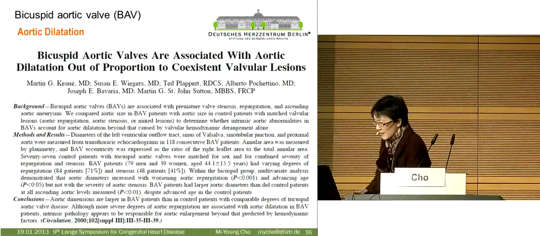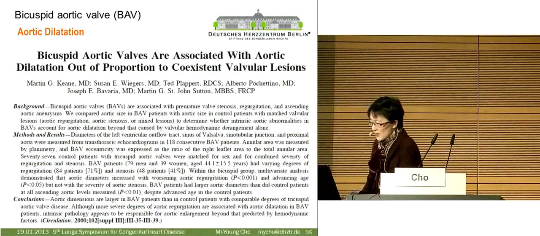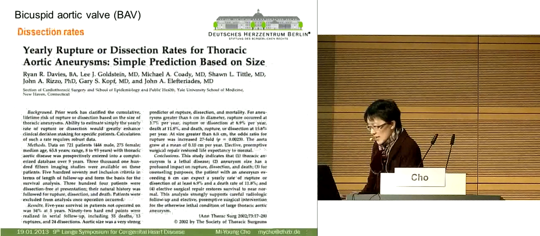So the bicuspid aortic valve is associated with aortic dilatation, and it is out of proportion to coexisting valvular lesions, as Keene showed. So regardless of whether you have aortic insufficiency or aortic stenosis, and probably more shear stress, you can get an aortic dilatation.